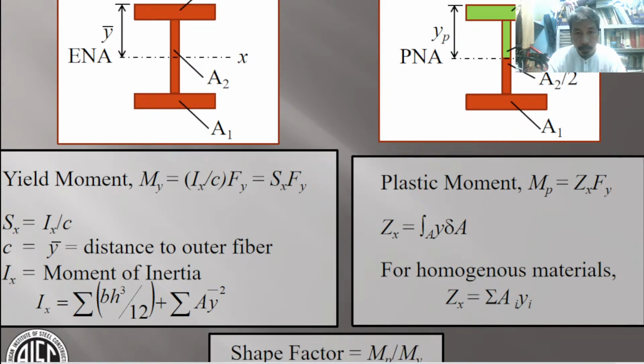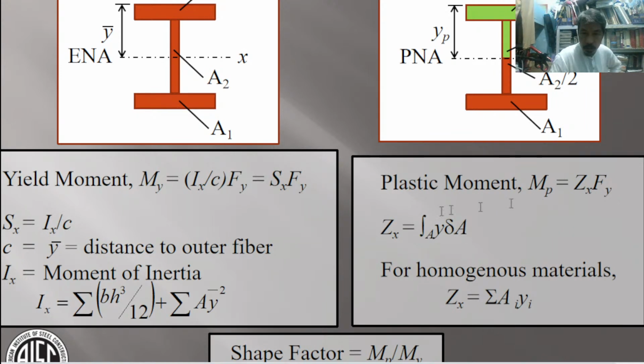So we have the section modulus I over C. I is in meter or mm to the fourth power. C is in meter or mm, so therefore the unit of section modulus S is meter to the third power or mm to the third power.